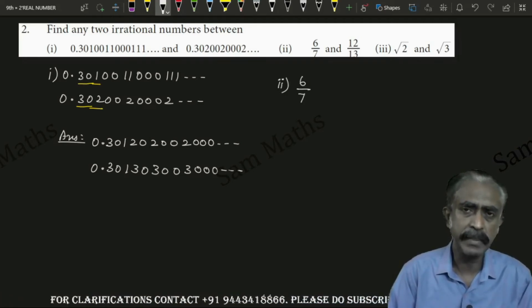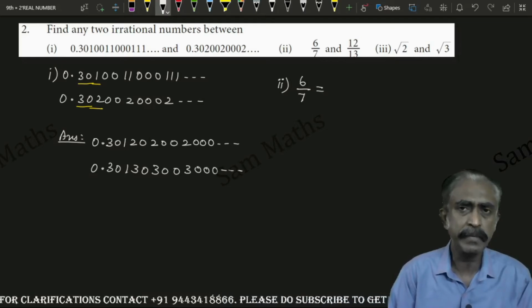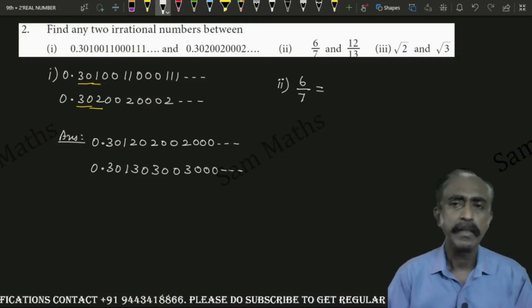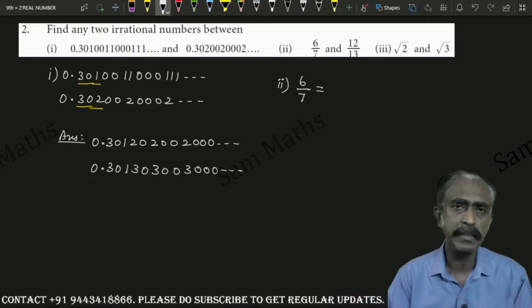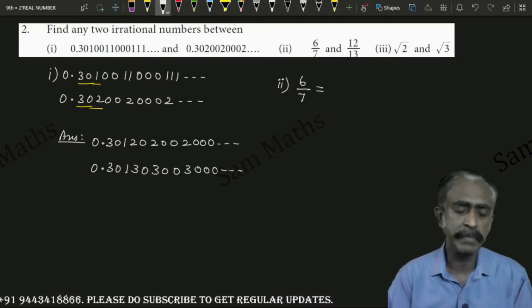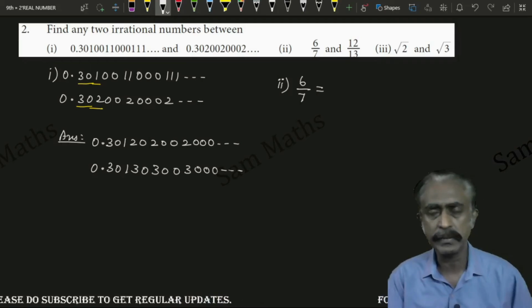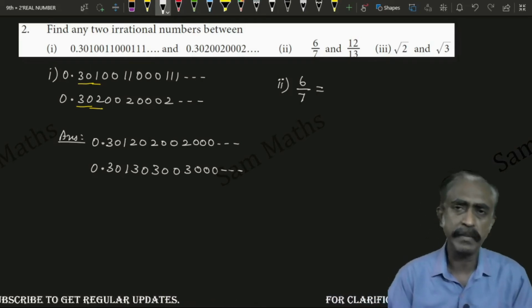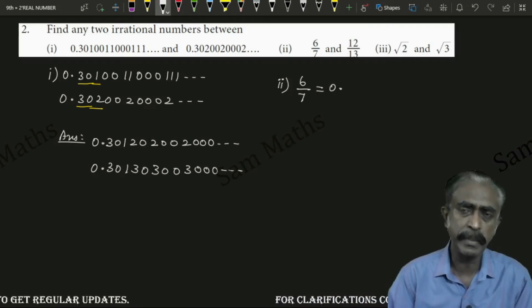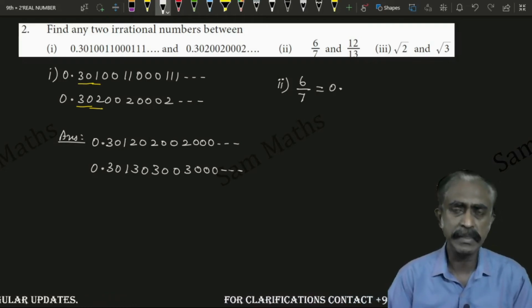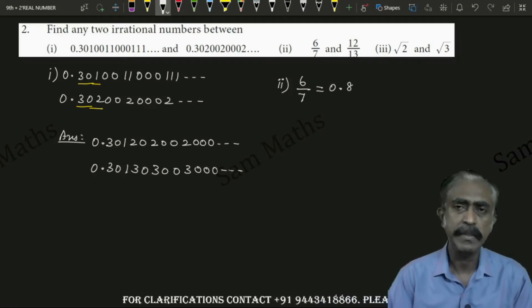6 by 7. This first we have to divide and write in the decimal form, then only we can easily find the irrational numbers between this. Right, children? You divide by 7, we can't divide, therefore 0 point, you put a 0, it's 60. 60 will get 8 times.